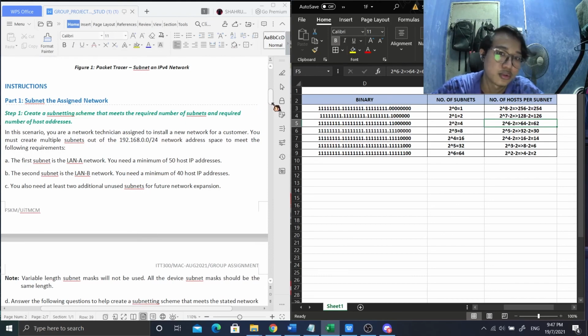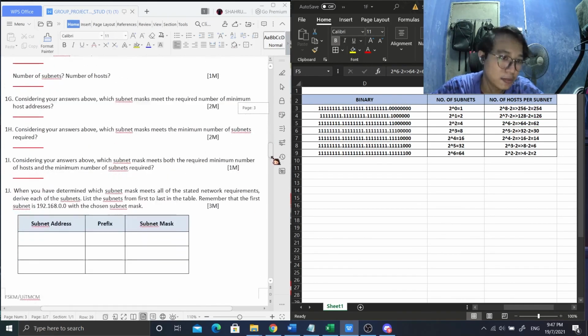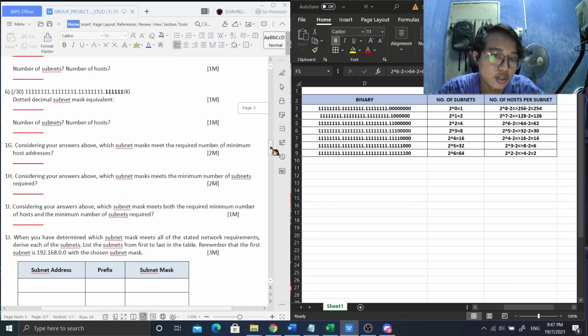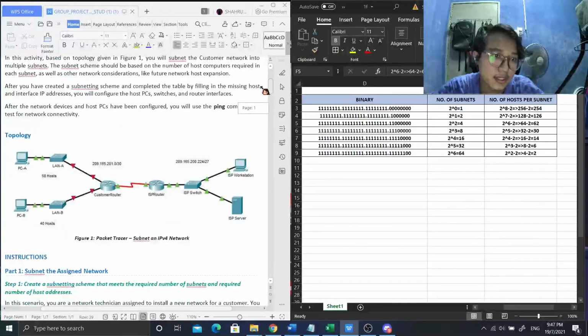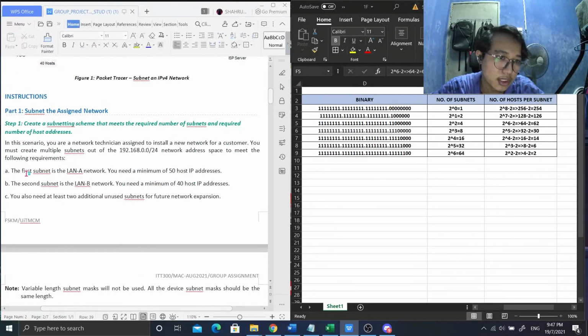Okay, so the next question, 1H, considering your answer above, which subnets must meet the minimum number of subnets required? So we read this instruction. The first subnet is the LAN A network.